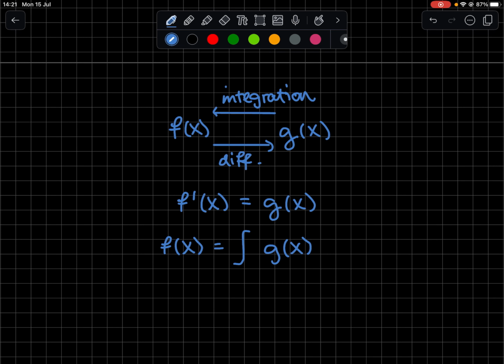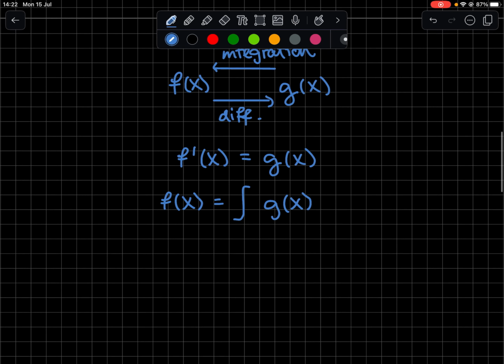So integration is the reverse process of differentiating. It's like subtraction is the reverse of addition, division is the reverse of multiplication. Differentiating is also an operation which we can undo by integrating. So if the derivative of f of x is g of x, then f of x is the integral of g of x.